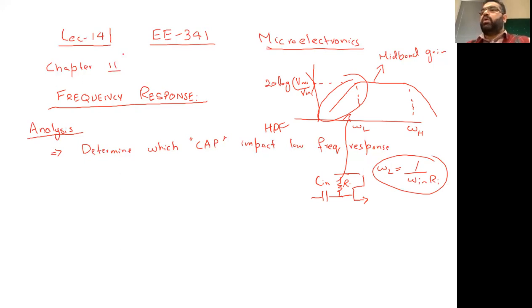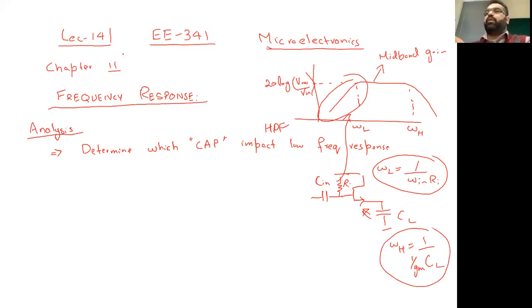Then we also talked about omega H, the high frequency response, which comes from the load capacitance and the impedance seen at this point. It's a source follower, so it's not going to be R here, it's going to be 1 over gm times CL. That's what we saw.